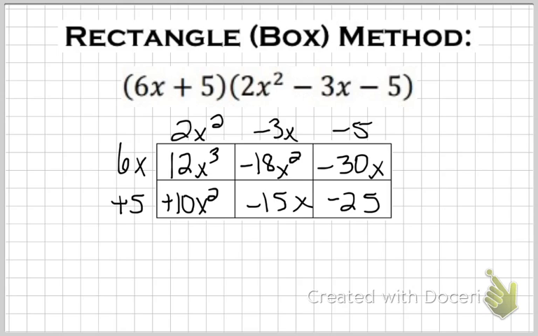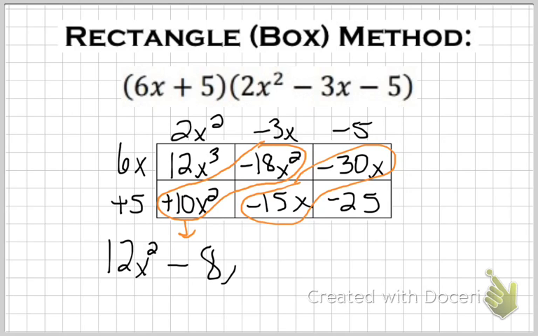Okay, what's so beautiful about the box method, remember, is that if you look diagonally, there's your like terms, and guess what? There's your other pair of like terms. So we start writing with the highest degree. We are aware that we're going to need to combine those two. So 10 minus 18 would give us a negative 8x squared.